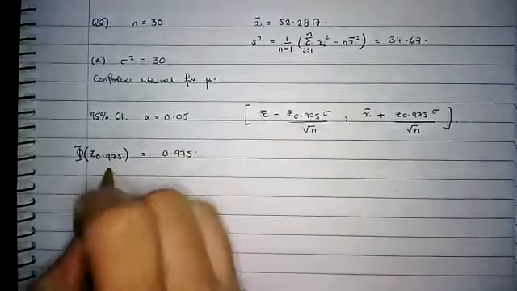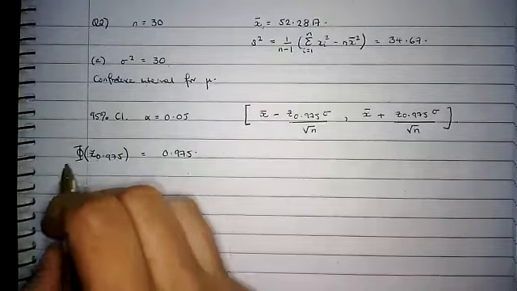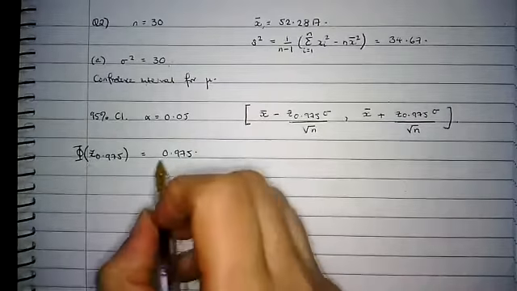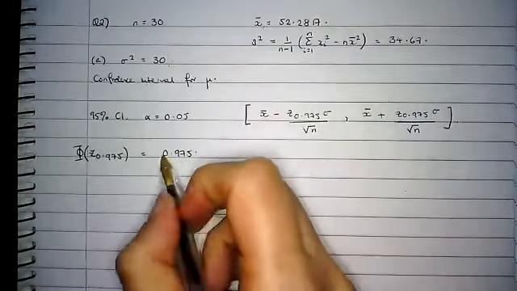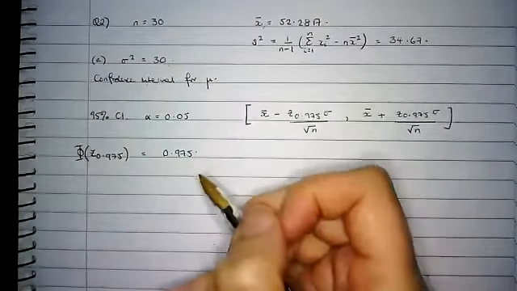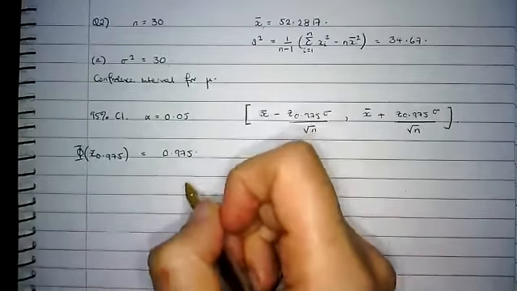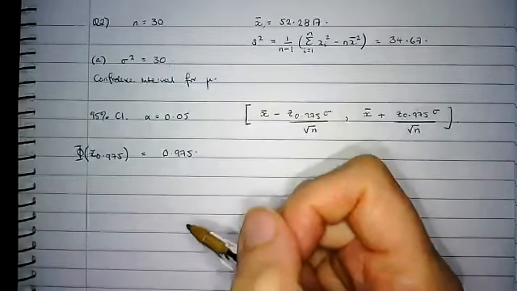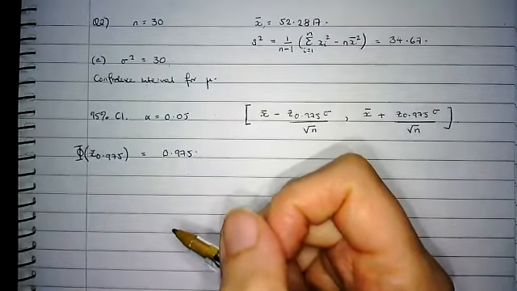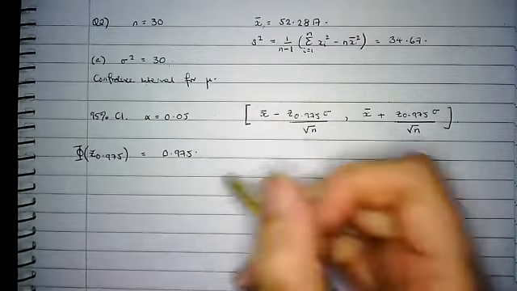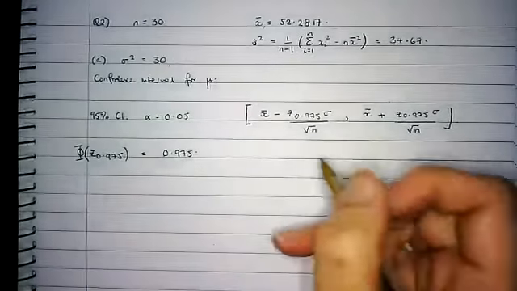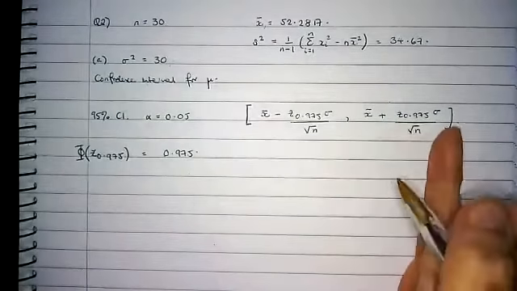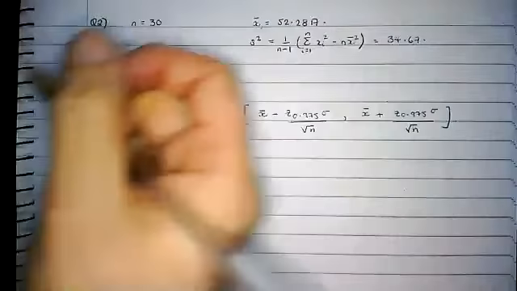So it's the value such that I put it into the CDF of the normal distribution and I get out the number that's in the suffix, so 0.975. So it's the point at which, if I'm looking at the CDF of the normal distribution, I've got 97.5% of the data smaller than that particular value.